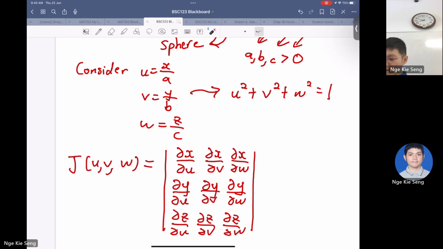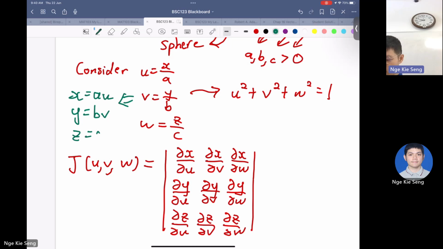You see that x is only defined on u, so there are no other variables such as v and w. If you partially differentiate with respect to v and w, you just get 0. Maybe let's write another set, it's easier to see: X equals AU, Y equals BV, and Z equals CW. So what do you think you get here?